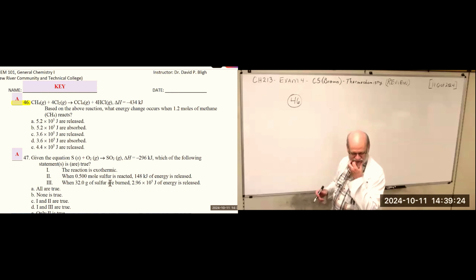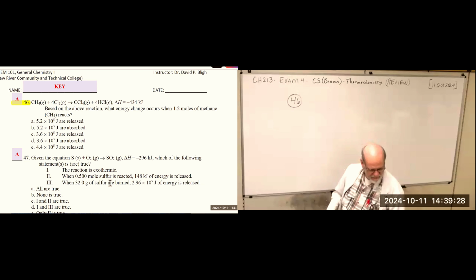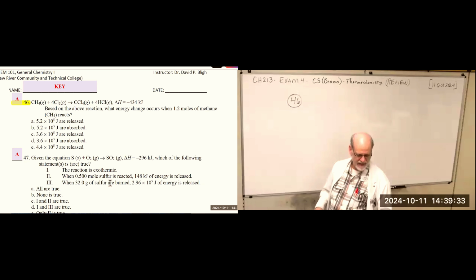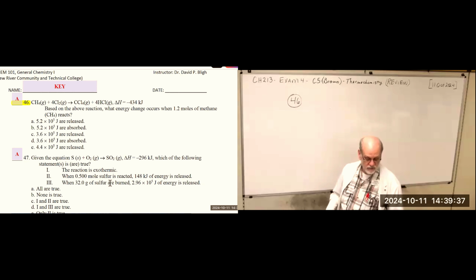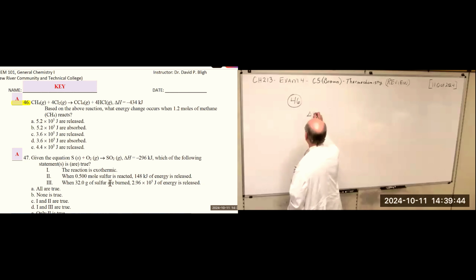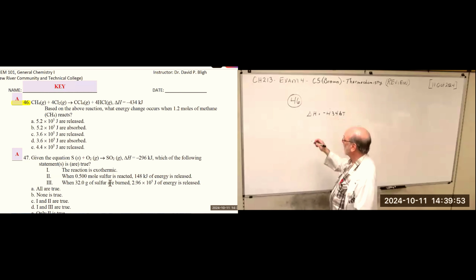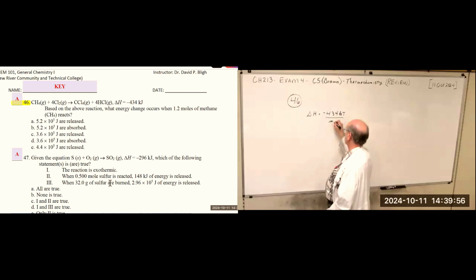Okay, 46. We're going to combine methane and chlorine to make carbon tetrachloride and hydrogen chloride gas. Based on the balanced reaction, what energy change occurs when 1.2 moles of methane reacts? Well, the delta H for this reaction is minus 434 kilojoules. Based on that reaction, that's per mole of methane.